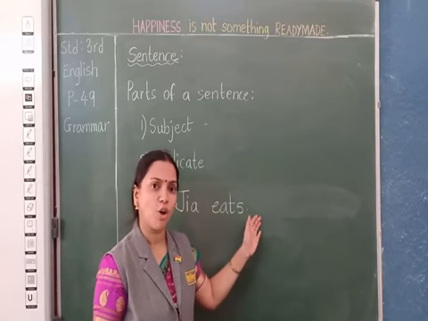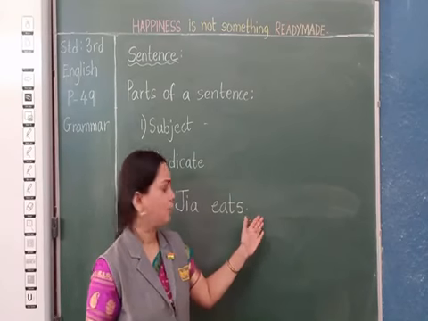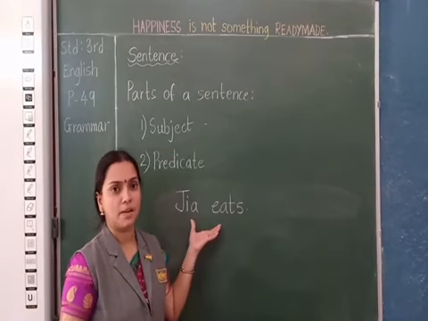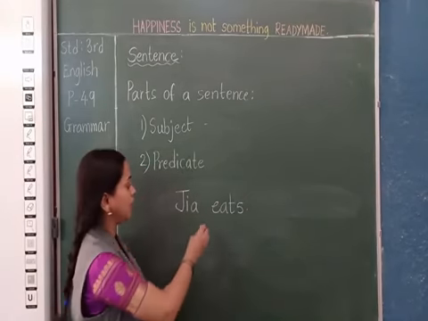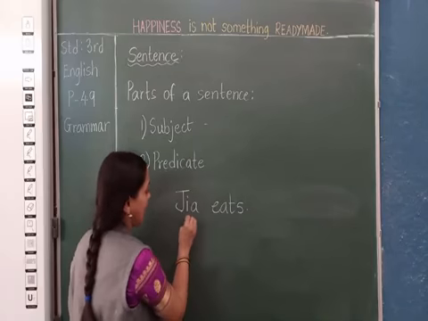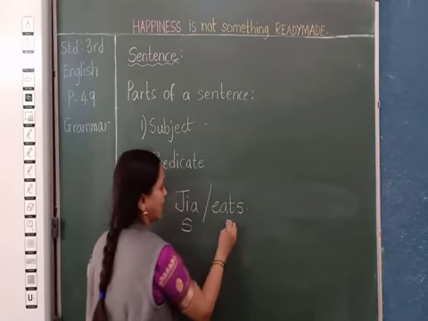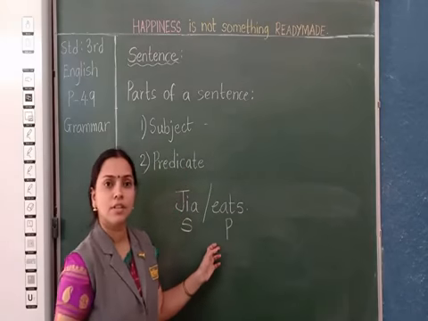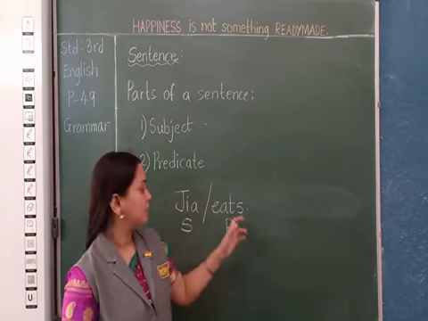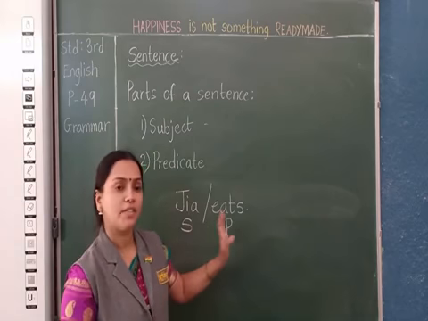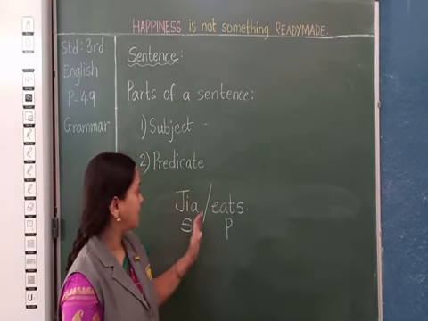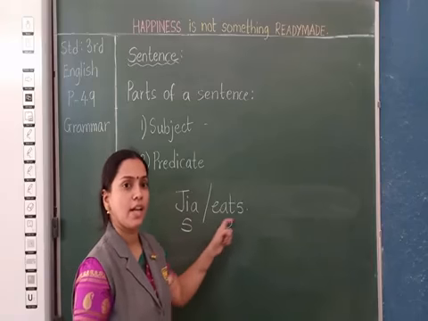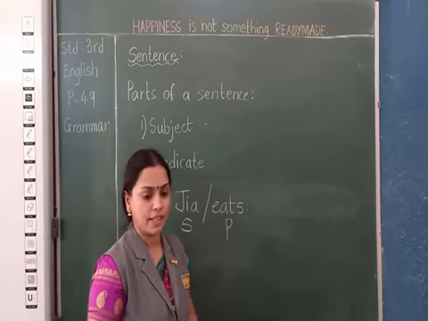Here, do we have any object? No, we don't have any object. But still, this sentence is complete. So, here we have Jia as our subject and eats is our predicate. Jia eats. This is a very short sentence, and here we have both the parts. Jia is our subject and eats is the predicate.